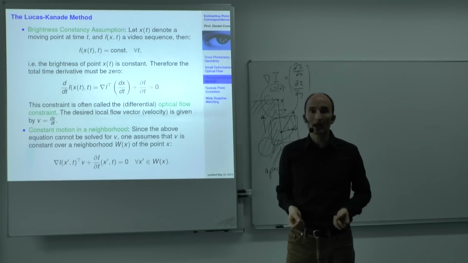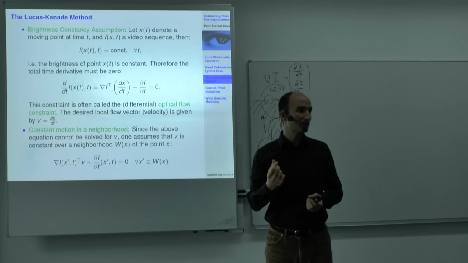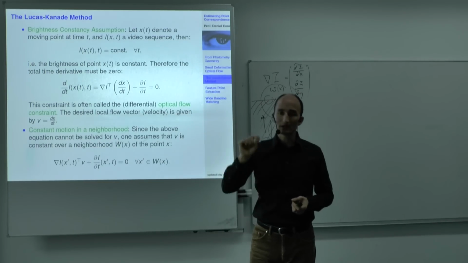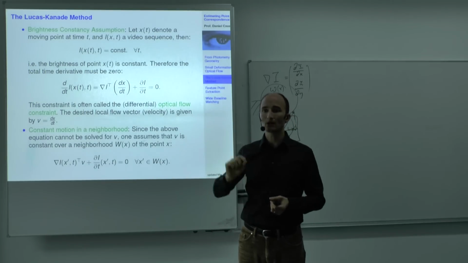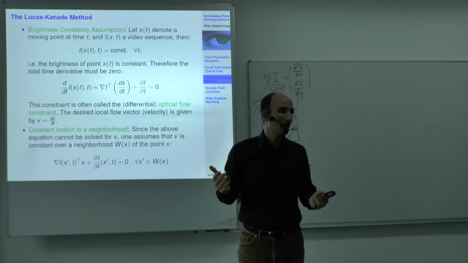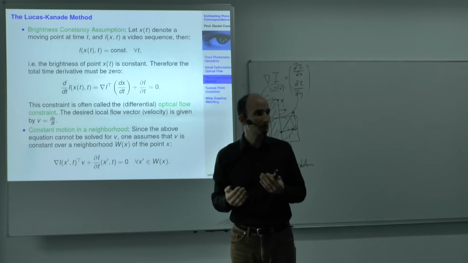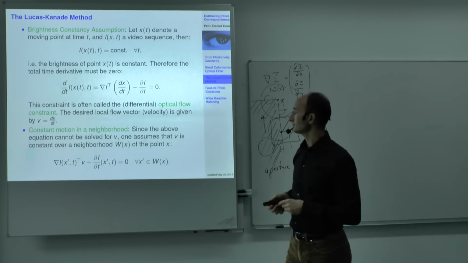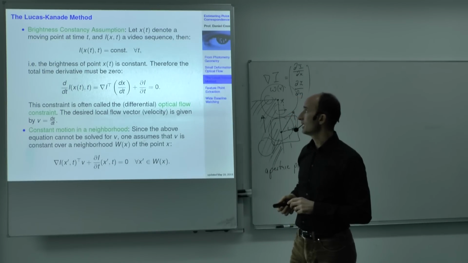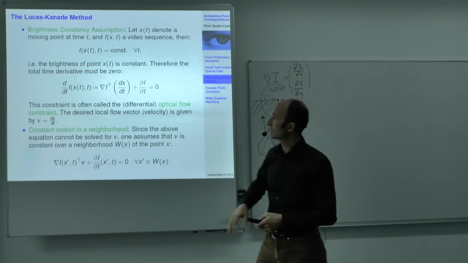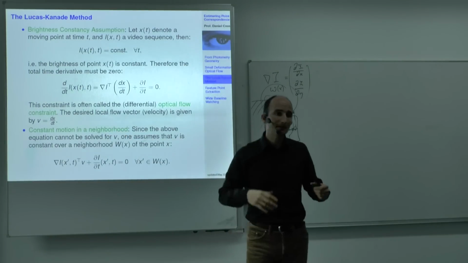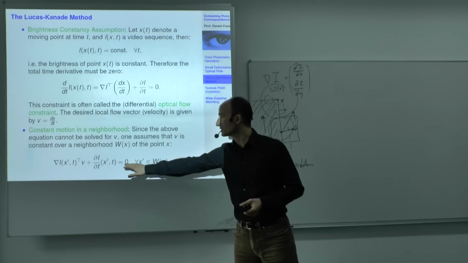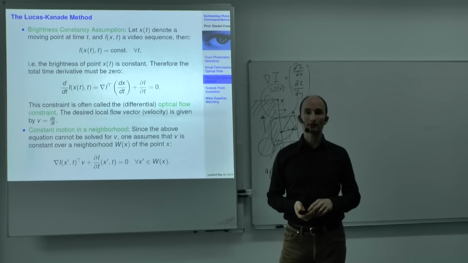You take a camera, the sensors have a certain noise level, and so even if they see the exact same point, even if the brightness is perfectly constant in the world, the camera adds noise, and then you measure slight variations of that brightness. And so these constraints are not exactly fulfilled, and the velocity is typically not exactly constant in that window either, meaning this constraint will never be perfectly fulfilled.